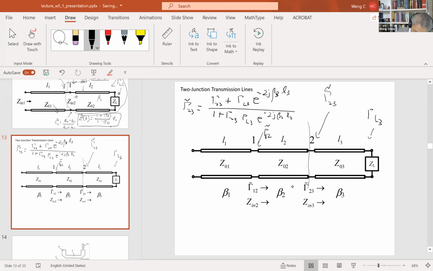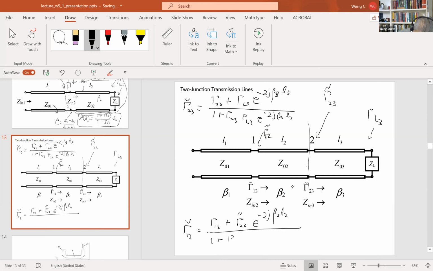So again, you will assume that you have a load there, a reflection coefficient there. And if you apply the same thing over again, what you find is that gamma 1, 2 tilde would be equal to gamma 1, 2, the local reflection coefficient, plus gamma 2, 3 tilde, which is a generalized reflection coefficient, e to the minus 2j beta 2 L2.